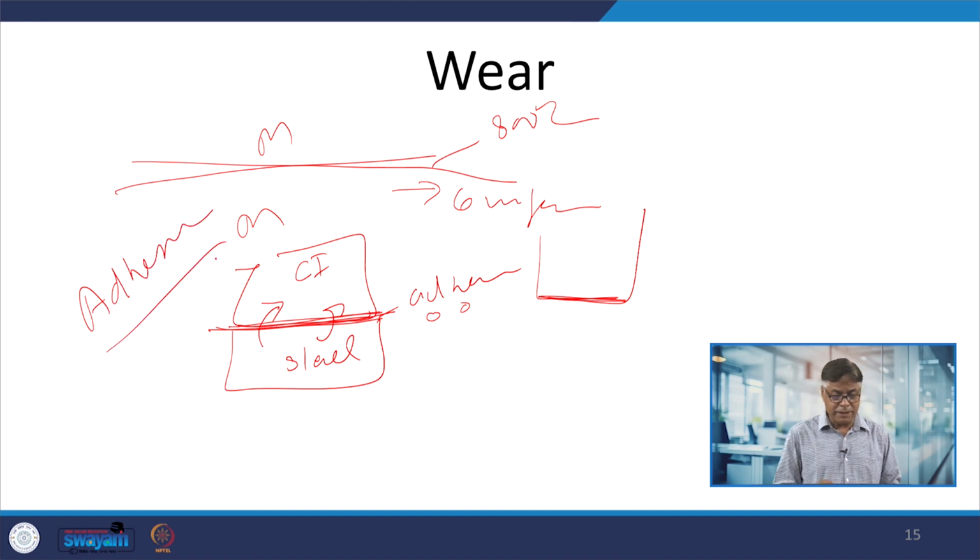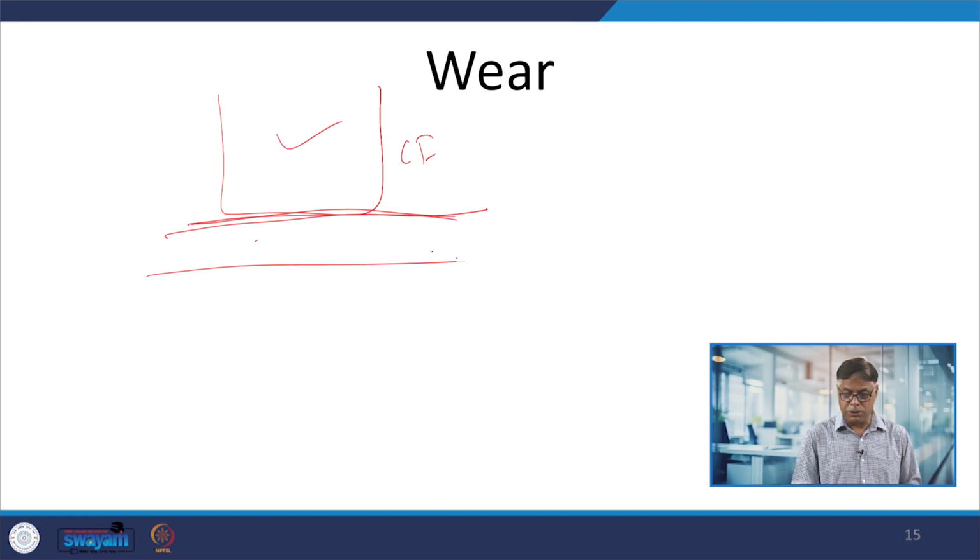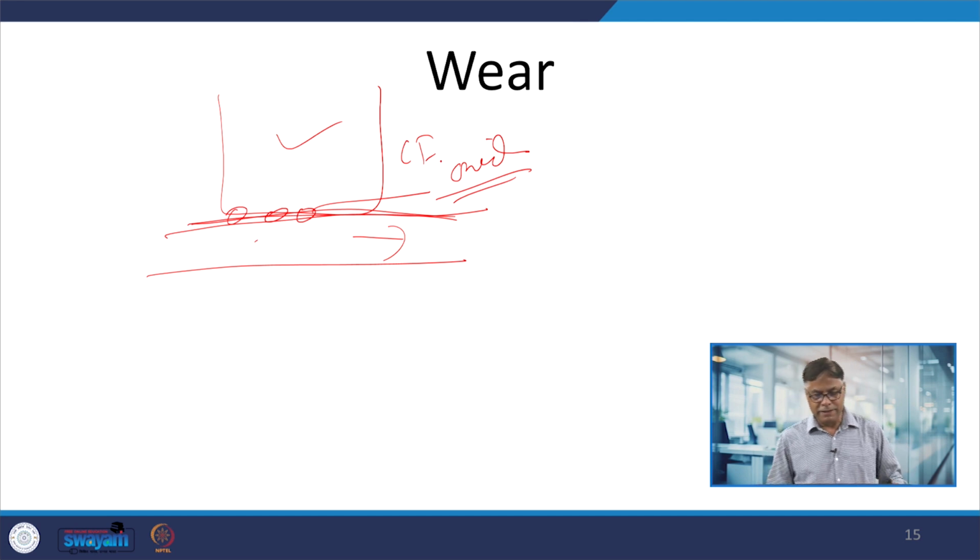In addition to that, things are working at a very high temperature. So, the cast iron and steels will be getting oxidized. These iron oxide particles will also come in between the guide and the bar which is moving at a high speed. If these oxide debris come in between the guide surface and the steel, this leads to three body abrasive wear.